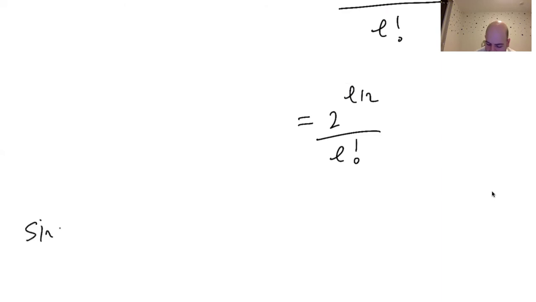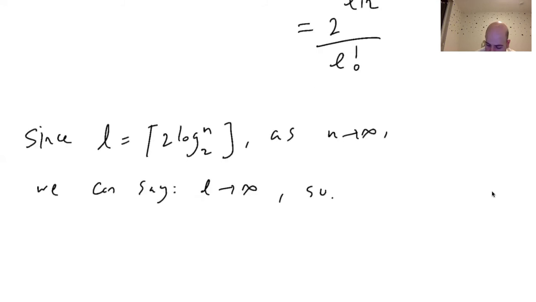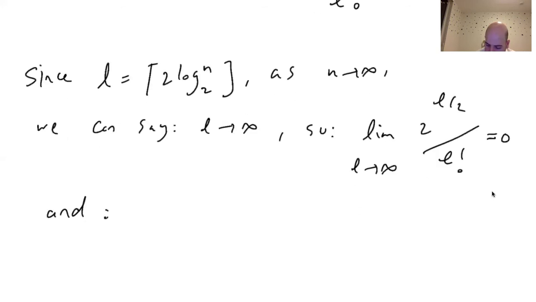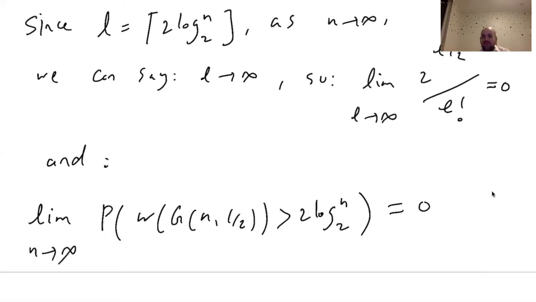So the limit of 2 to power L over 2 over L factorial as L goes to infinity is 0, and the limit of P of omega of G of n, 1/2 bigger than 2 log n base 2, is equal to 0 as n goes to infinity.